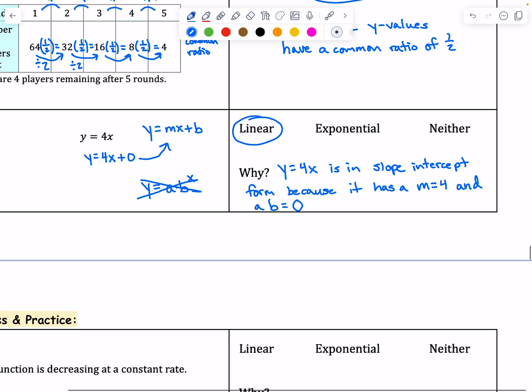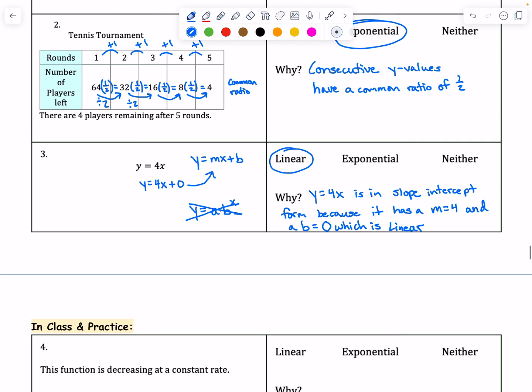So it's in linear form. So let's say y equals 4x is in slope-intercept form because it has a slope of 4 and b equals 0, which is linear, not exponential.